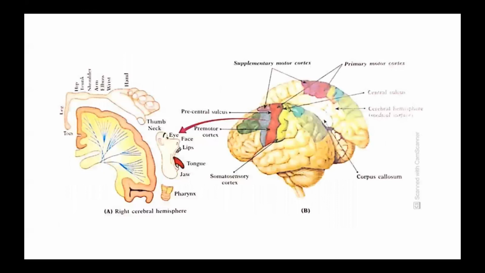See, this is area 6. Along with the somatosensory input, it is responsible for smooth movements, fine skilled voluntary movements, depending upon the verbal or visual commands obtained from the somatosensory cortex.